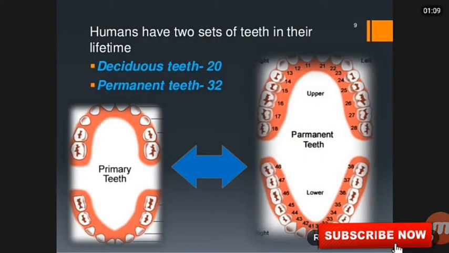Humans have two sets of teeth in their lifetime: the deciduous or primary teeth, and the permanent teeth.